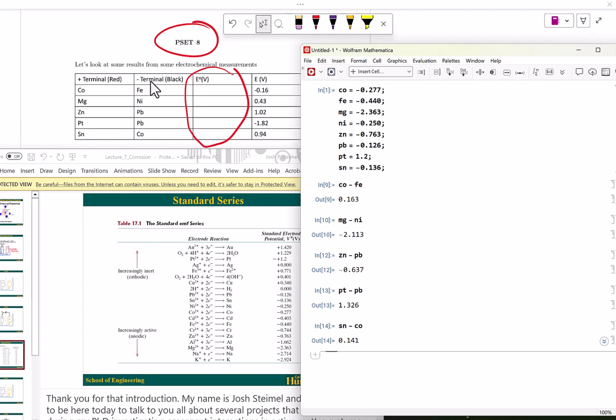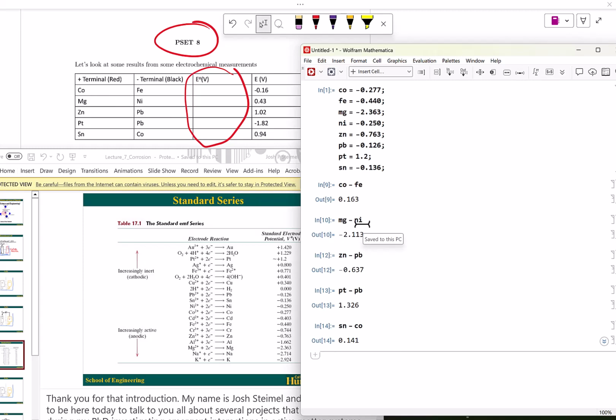If electrons are flowing from the negative to the positive terminal, that means we have a positive voltage. We know, for example, that Pt is going to be super electronegative, so the electrons are going to flow there. So that makes sense. We should expect a negative E naught for Mg minus Ni, and we've got that.